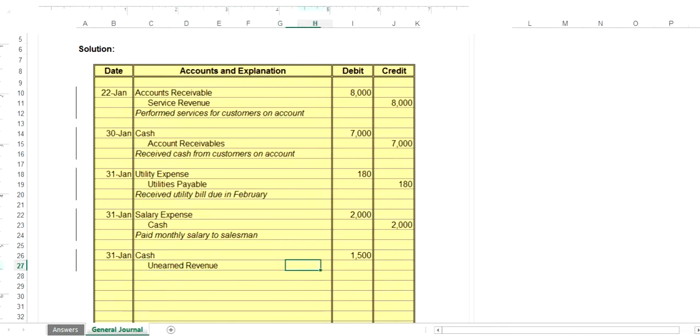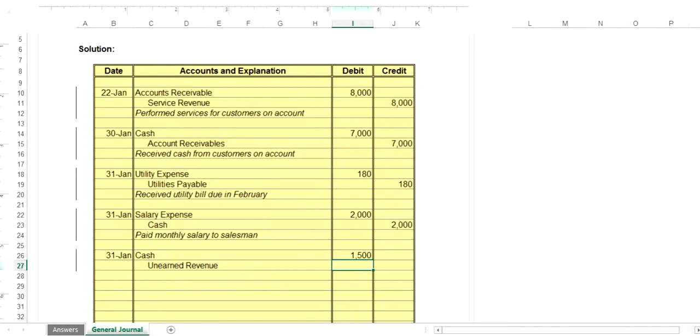Okay, take a look again at the transaction. It says that we received $1,500 for 3 months of consulting services, but we're not going to perform those services until February, at least starting February. So if you receive money for services, but you don't perform the services until later, that means you haven't earned the revenue. And in accrual accounting, you can't record revenue until you've earned revenue.